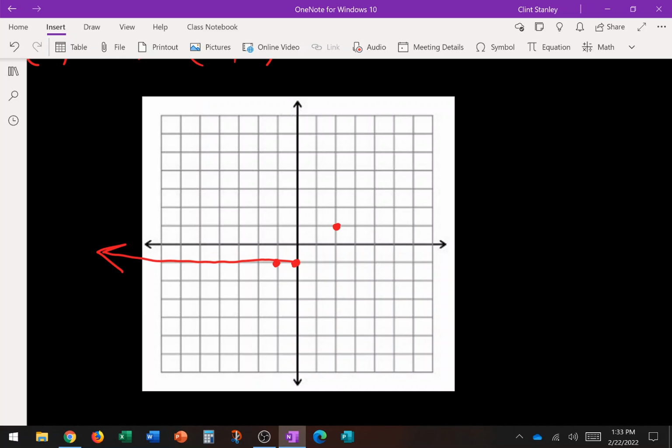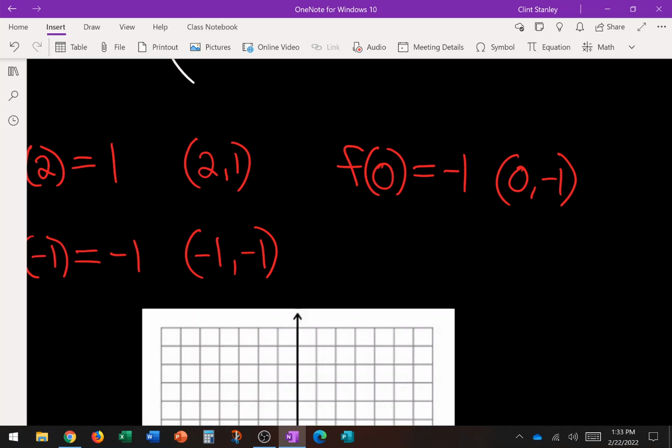Any positive x value we use, it says our y value is 1, so we're going to have all these points up here. The only thing that's a little bit tricky is that for all the positive x's, we're going to have a y value of 1. But when we get to 0, we have to think about it. The point (0, 1) is not going to be on our graph because we said at 0 we get -1.